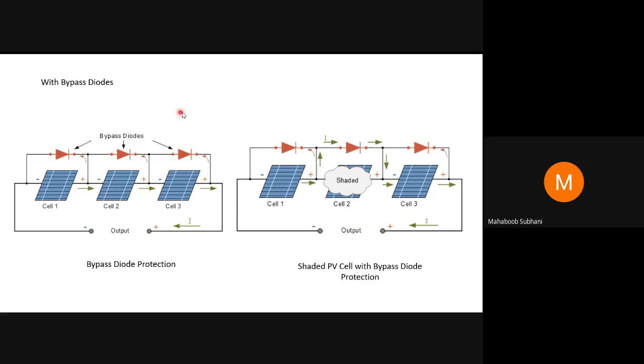We also saw how the bypass diode helps to bypass the current, minimize the losses, protect the cell from destruction of the bad cell, and reduce hot spots and overheating of the cell.